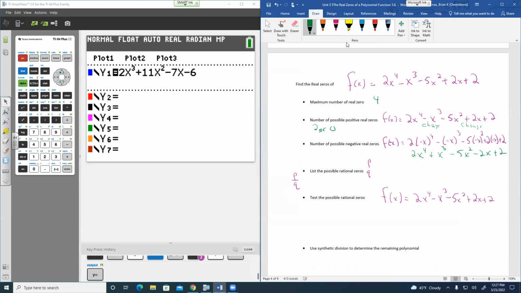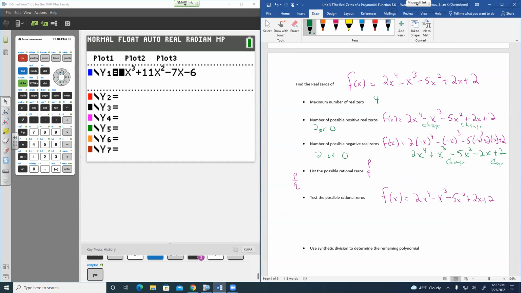So now if we count the sign changes here, it's positive, stays positive. It goes to negative, there's a change. It stays negative, but then it flips back to positive, so there's another change. So that means there's going to be either 2 or 0 possible negative real zeros. So now I want to find the possible rational zeros.